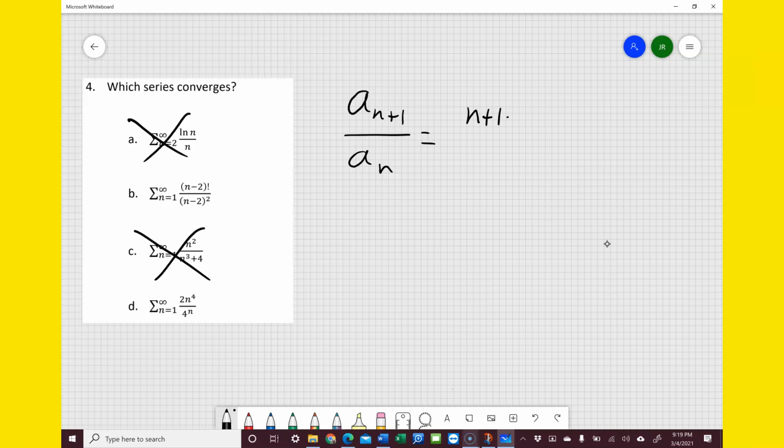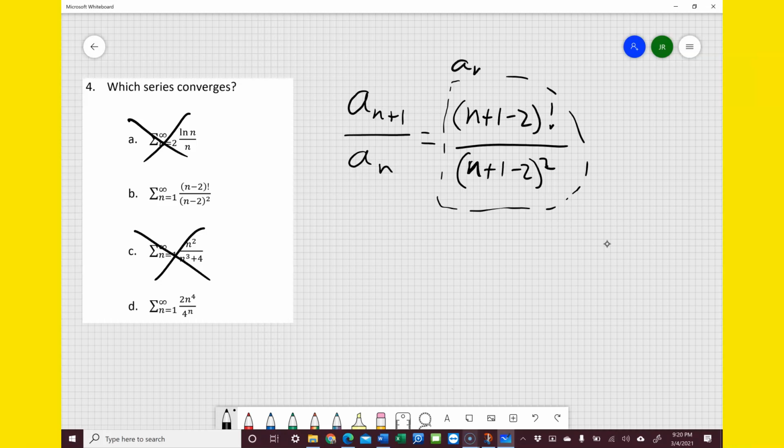So in this case, that's going to be n plus 1 minus 2 factorial over n plus 1 minus 2 squared. And this right here is A sub n plus 1. And then I'm dividing by A sub n. But instead of dividing by A sub n, I'm just going to multiply by the reciprocal of A sub n.